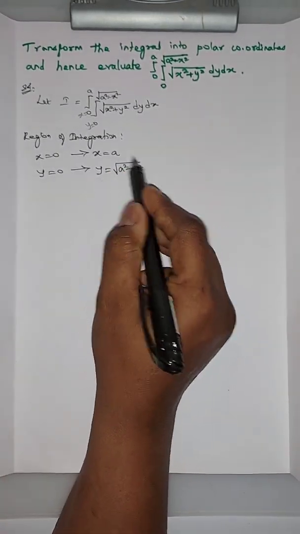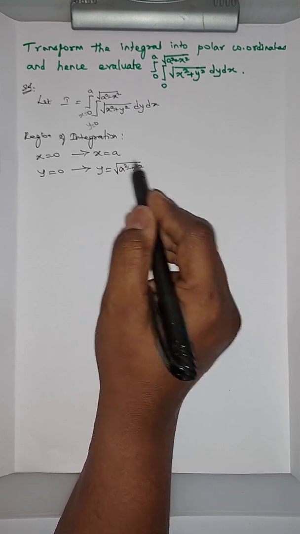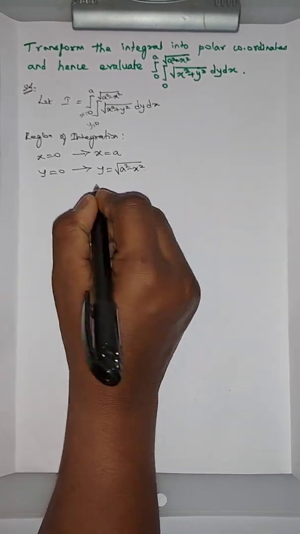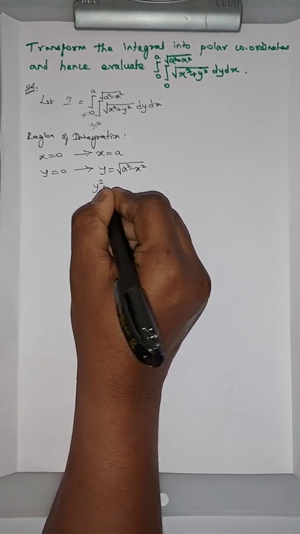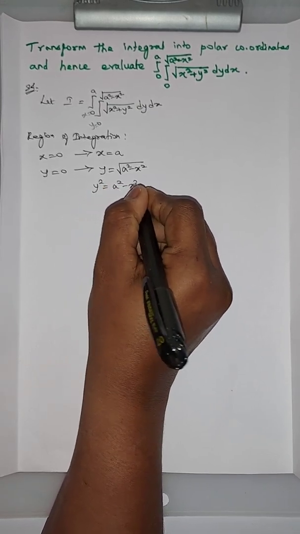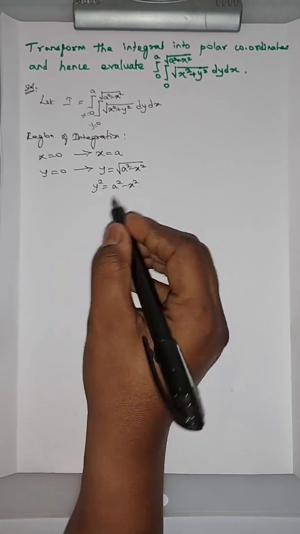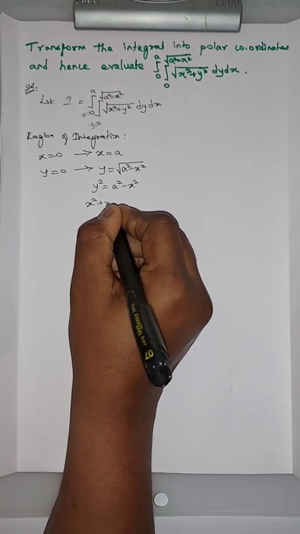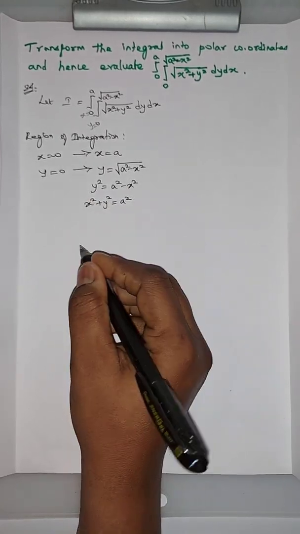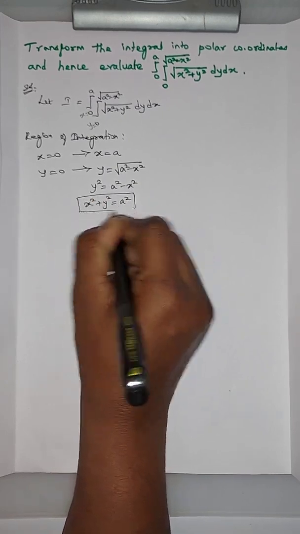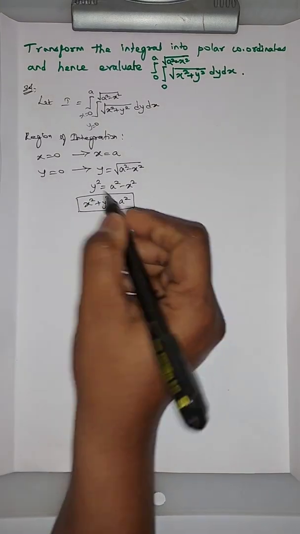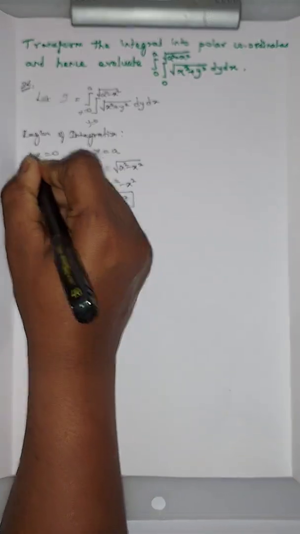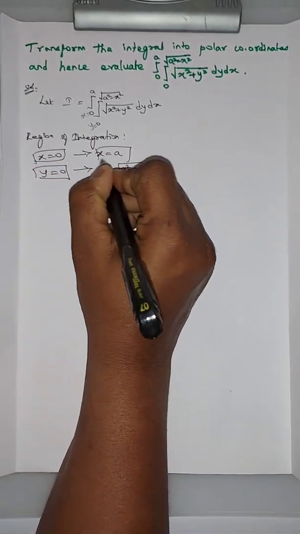So rewriting this alone, when we square both sides, it becomes y square is equal to a square minus x square. Again we can rewrite this as x square plus y square is equal to a square, which is nothing but a circle. So x square plus y square is equal to a square, y is equal to 0, x is equal to 0, x is equal to a.